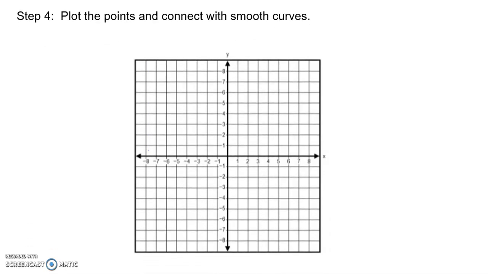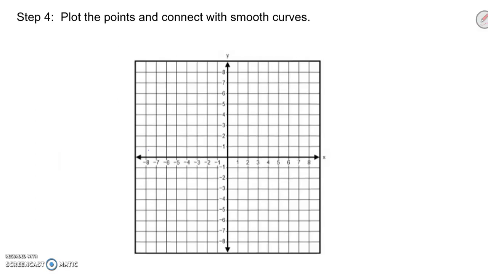So if you go down here, we said our vertical asymptote was going to be at x equals 2.